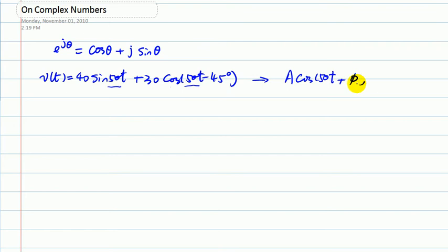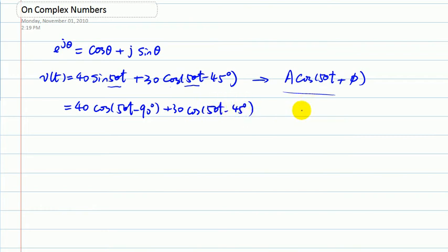If there are different frequencies, then you won't be able to do this. So step number one, we rewrite the sine function into cosine, but you have to subtract 90 degrees to keep it the same. So here's what we get.